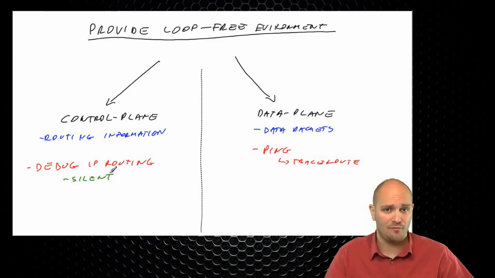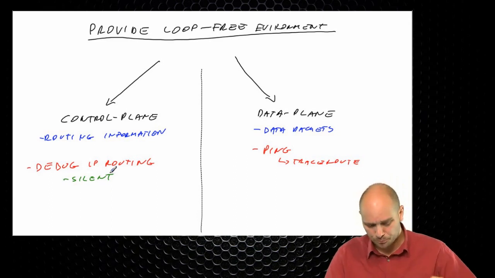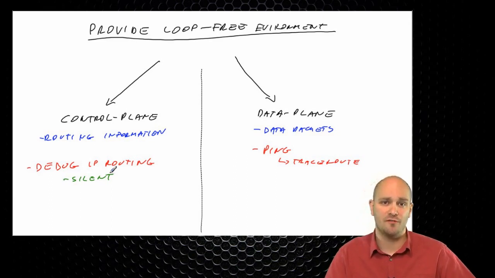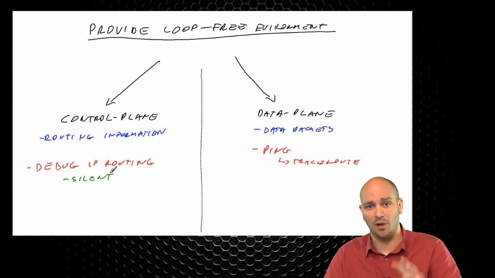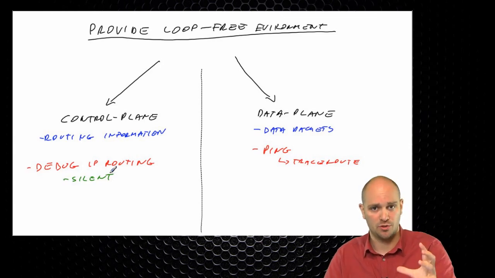Or if you have a BGP session that is coming up, you might see some hits on the routing table that are actually going to be seen by debug IP routing, because when the BGP session comes up, the neighbors need to verify. If an external BGP session comes up, the neighbors need to verify if they are directly connected. When that happens, there is actually going to be a lookup in the routing table that debug IP routing will produce output for.